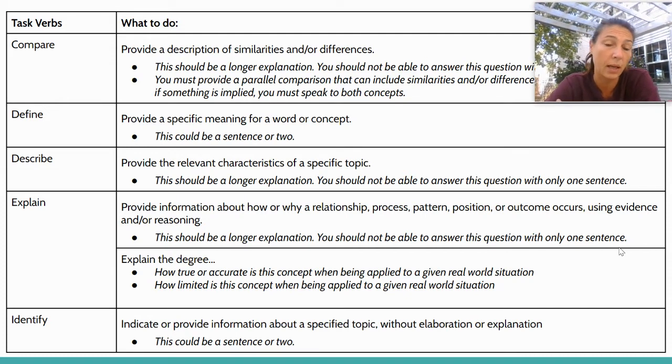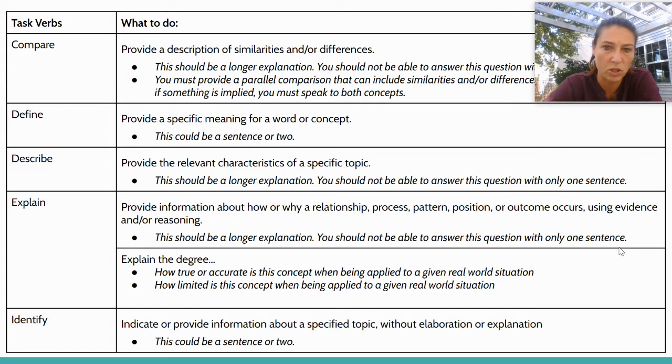Define is pretty basic. It can be a sentence or two. You're just providing the meaning of a word. Describe is a little bit longer than just a define because you're providing the relevant characteristics of a specific topic. So you want to talk about what you know to be true about that concept or topic. Explain kind of comes in 2 parts.